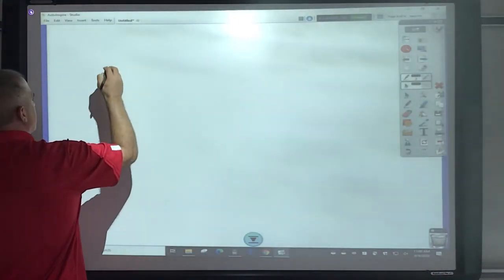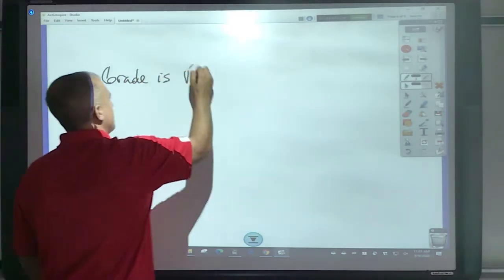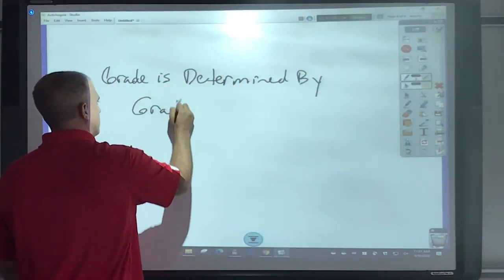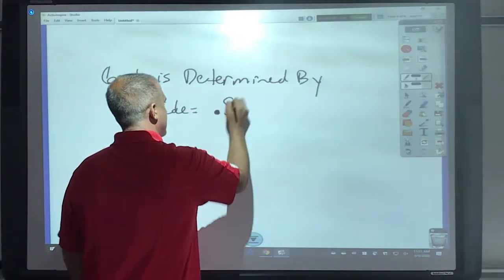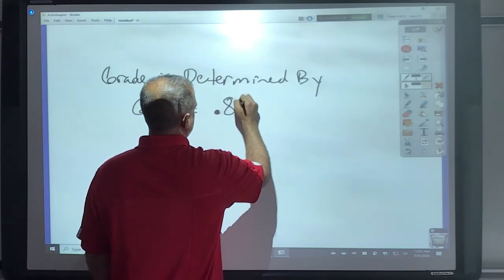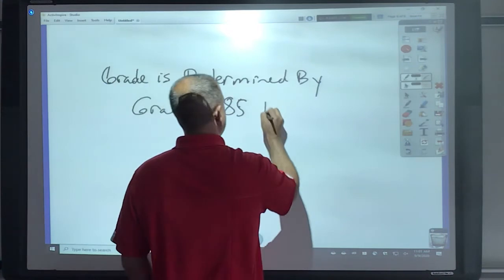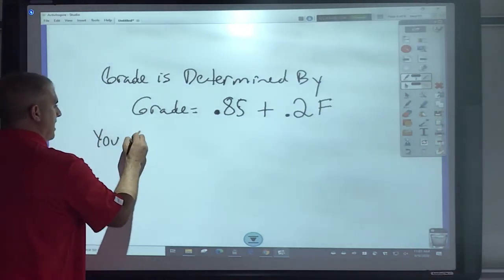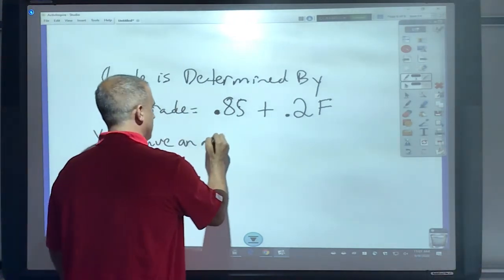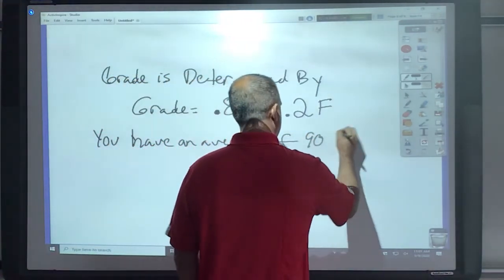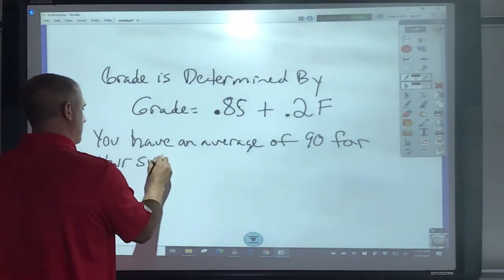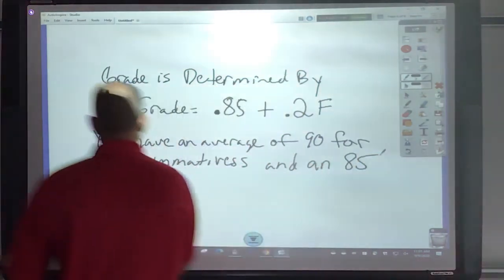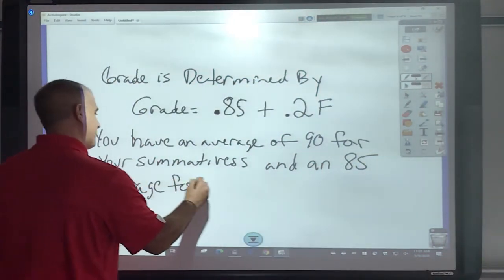Let's put it this way. Your grade is determined by, the grade is equal to 0.8 of your summatives, S, plus 0.2 F. Let's say you have an average of 90 for your summatives, and an 85 average for your formatives.